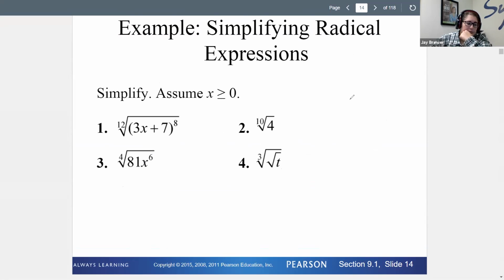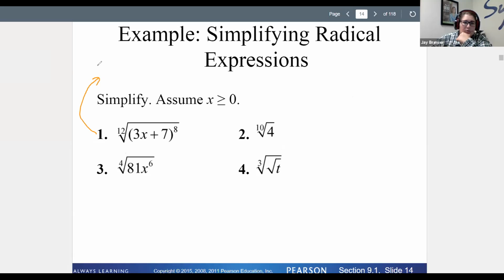You need to make sure that you always simplify into lowest terms if you can. So this one's kind of unique. What we have to do here is rewrite it in order to simplify it, and then we rewrite it as a radical again.